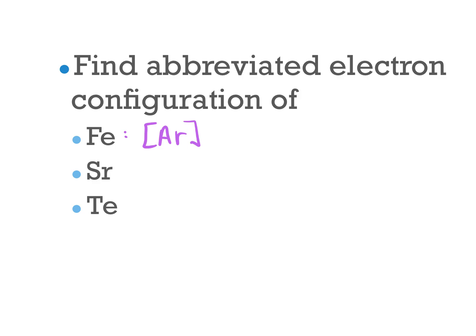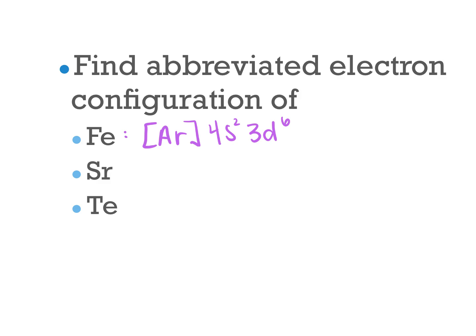So it would be argon, then what? 4s2, then 3d6. Now, a common mistake is for people to say, oh, it's argon, then go right to 3d6. But we have to list anything that comes after that. Okay, does that make sense?